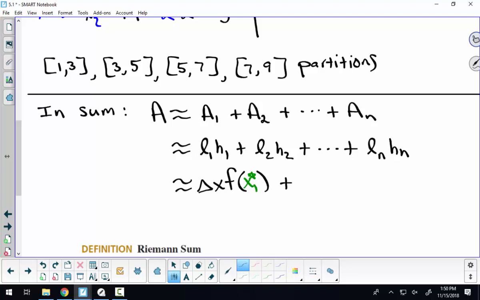And we have plus delta x, the length of the second rectangle, times the height of the second rectangle, f evaluated at x star sub 2, since it's in the second rectangle, all the way up to delta x times f evaluated at x star sub n. So that's really a more formal way to think about the area of rectangle 1 plus the area of rectangle 2, et cetera, et cetera.